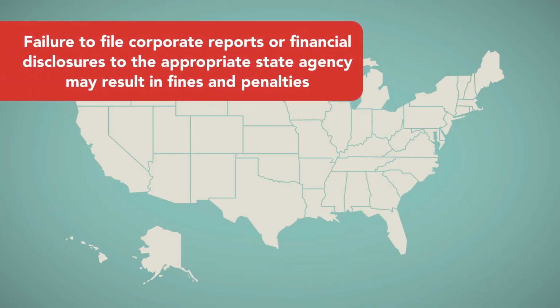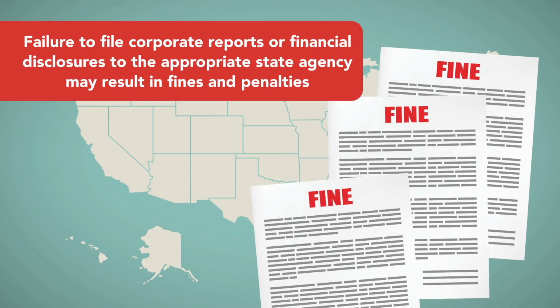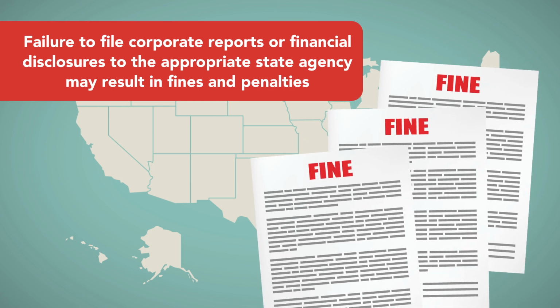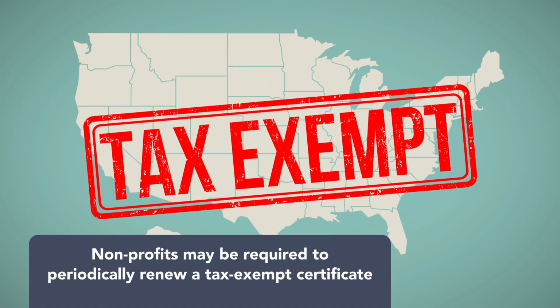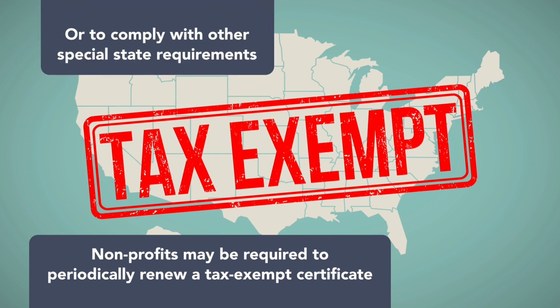Failure to file corporate reports or financial disclosures to the appropriate state agency may result in fines and penalties, including the loss of good standing to do business in the state. Finally, to maintain state tax-exempt status in a state, nonprofits may be required to periodically renew a tax-exempt certificate related to sales and use tax or to comply with other special state requirements.